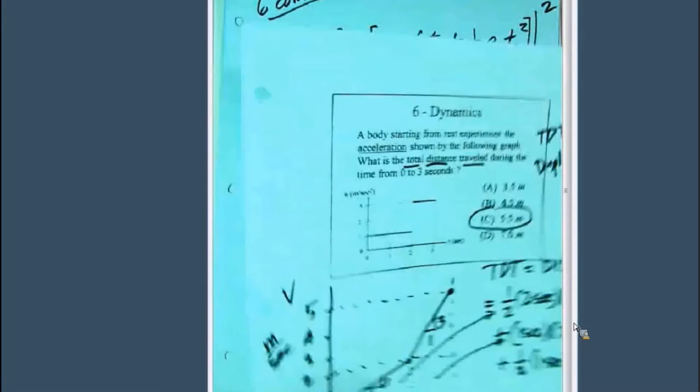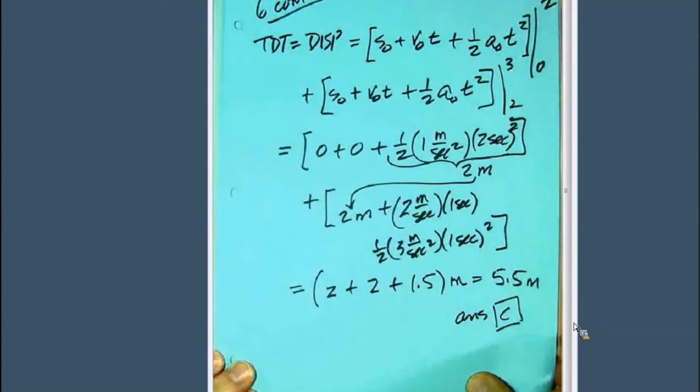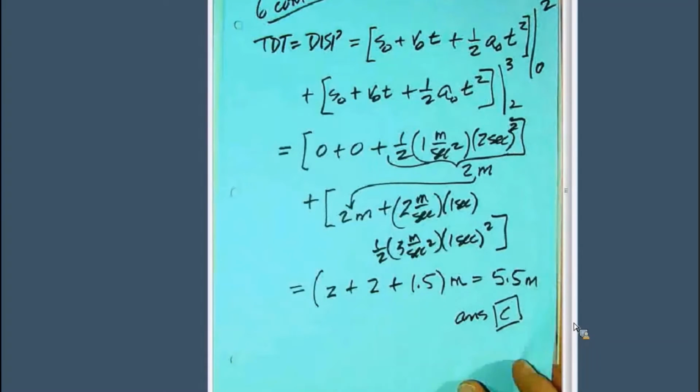So it's player's choice how you want to do this. I want to build your graphical skill though, because I think that's important. I think you see things a lot better.